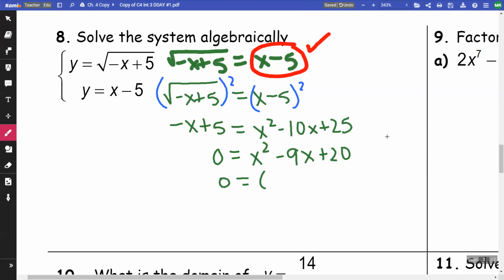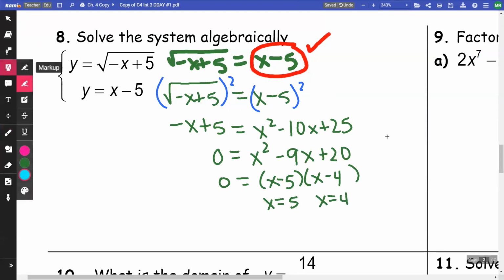And then I'm trying to think of what multiplies to a positive 20 and adds to a -9. And that's going to be a -5 and a -4. So I'm going to get x is equal to 5 and x is equal to 4. However, remember, I need to take these answers and I need to check them here. And I want to make sure I don't get a negative.